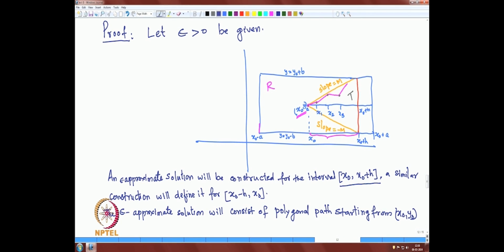So, it starts from here, this point x0, y0.